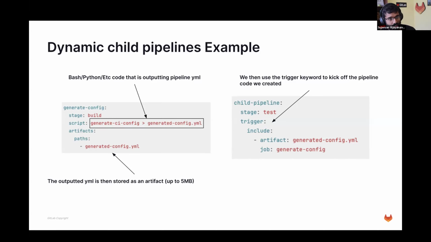So what they did is they wrote a script which generated a config file similar to this one. For every directory, it created a job in that YAML file, and that one was generated and then run as a child pipeline. So the burden to maintain it was pretty small.